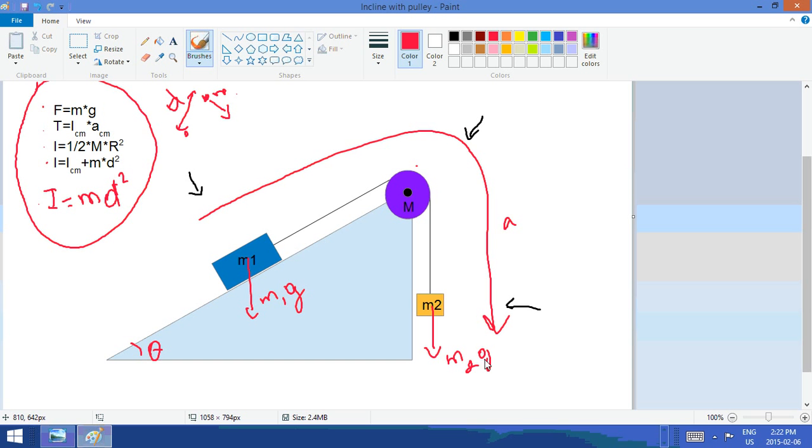Of course, we have the normal force, which cancels the weight, but it's not contributing to the acceleration. So basically we have here a force M1 G sine theta, and we have here M2 times G, and we're trying to solve what is the acceleration of this system.